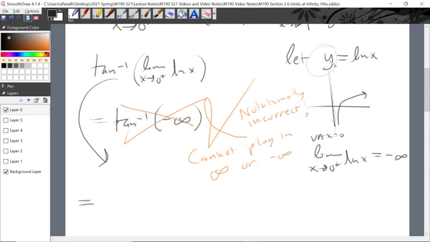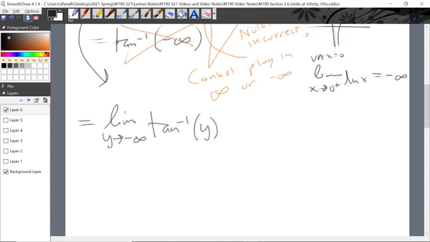Another symbol we can choose for the output, the result of that limit. So we can write a new limit now as our output of the natural log approaches negative infinity, because that's what's going to happen. And then we are running that limit on the arctangent of y. And this would be notationally correct. All right?